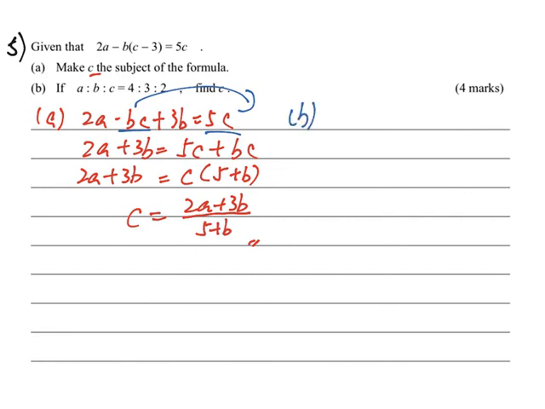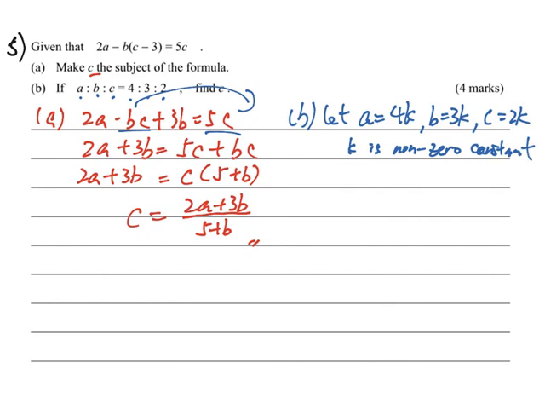Next, for part B, we have a ratio a to b to c, which is 4 to 3 to 2. So we can let a become 4k, b become 3k, c become 2k, and k is a non-zero constant.